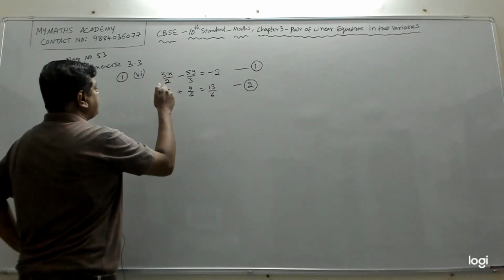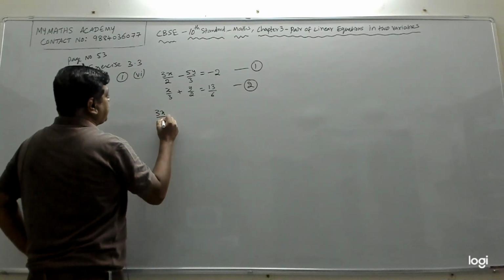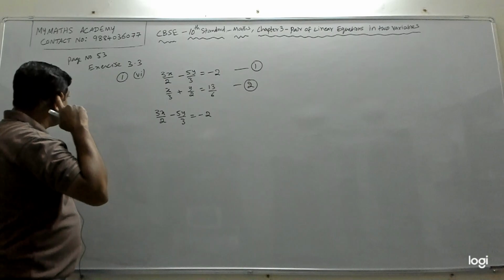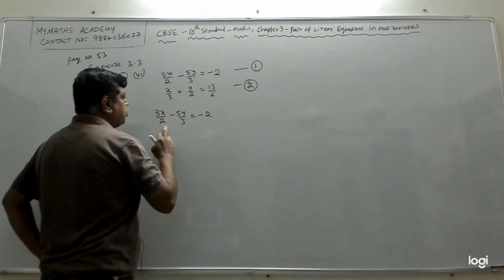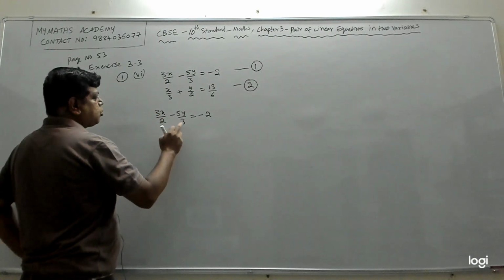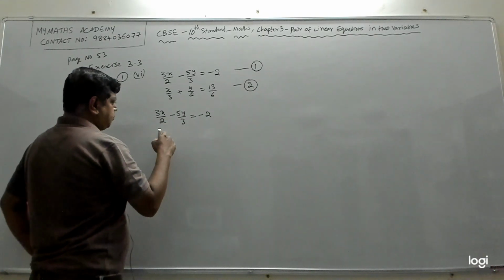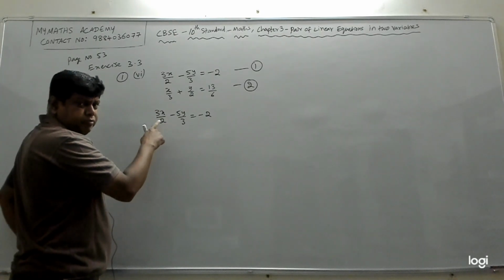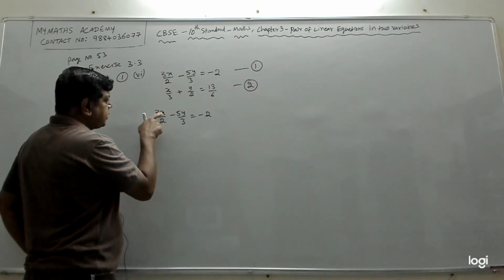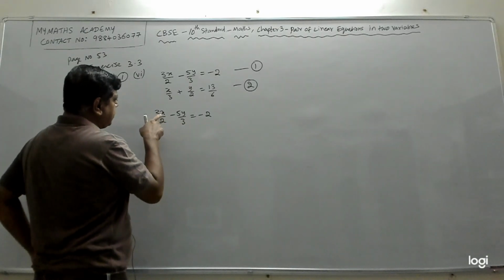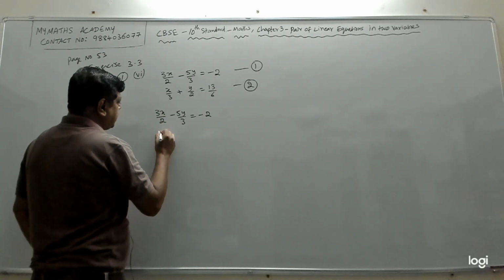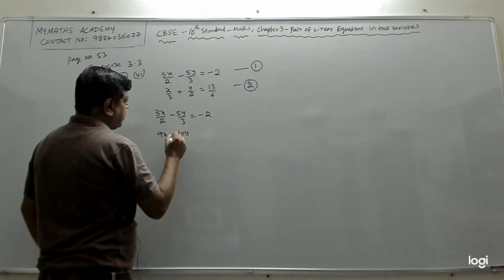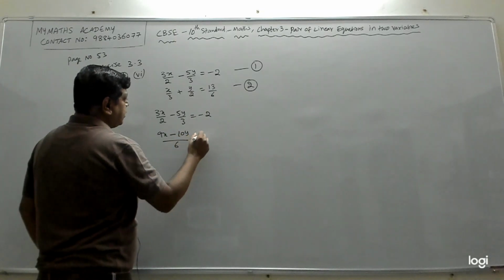We will take the first equation, 3x by 2 minus 5y by 3 equal to minus 2. We will do fraction subtraction. Either we can go by the LCM method, or we can do it like this: 3x into 3 is 9x minus 2 into 5y is 10y, divided by 2 into 3, 6, equal to minus 2.